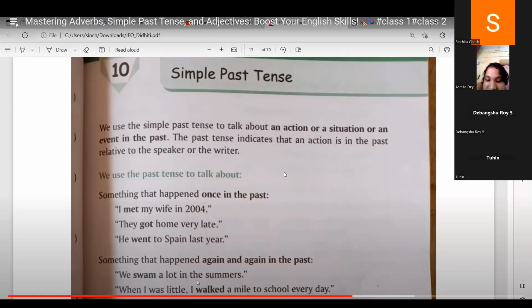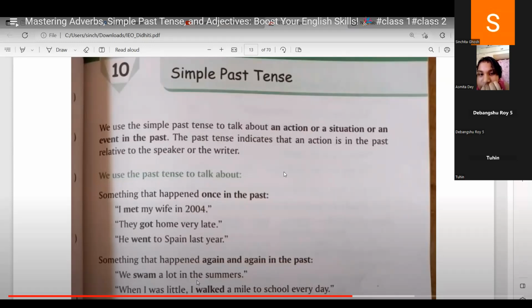Okay. Debangshu, can you tell me better what is a simple past tense? You can read it from here. Yes, ma'am. Tell me better.